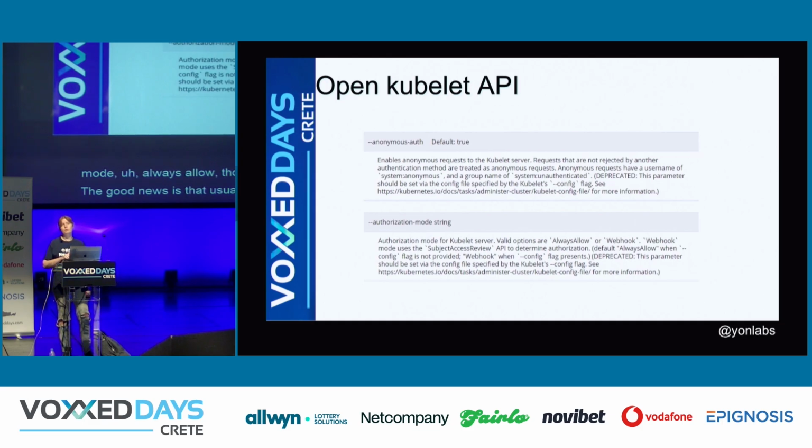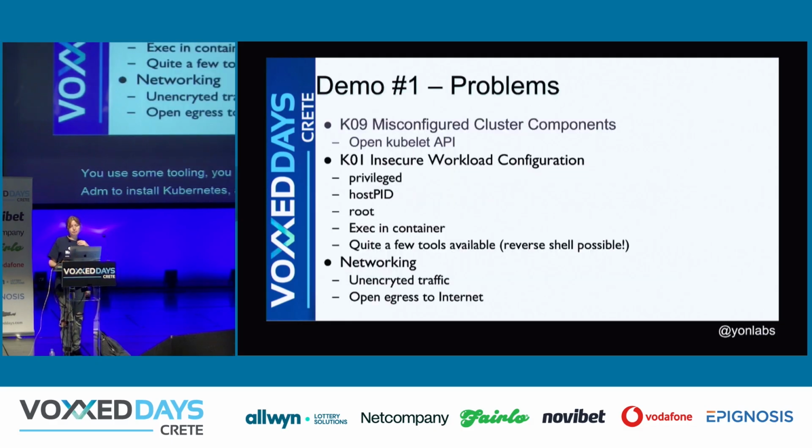You use some tooling, managed Kubernetes in clouds, or kubeadm to install Kubernetes, and those have secure defaults, but plain Kubernetes has those defaults different. So we had K9, misconfigured cluster components, with the open Kubelet API.